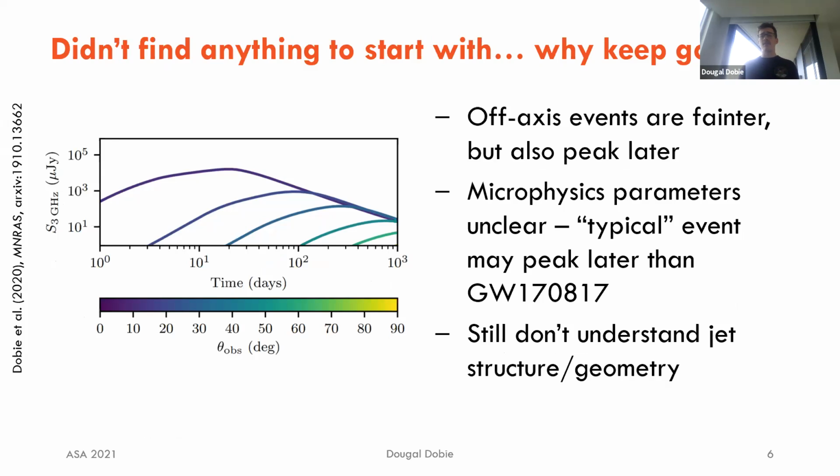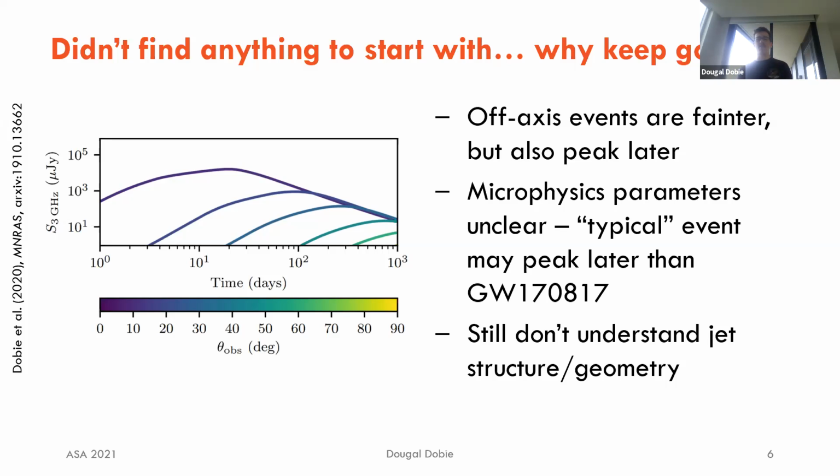And in short, the answer is that we don't really understand what to expect from these kinds of events. Even if you assume that all of them are like 170817, which is probably the most well-studied astronomical object in the past couple of decades, there's still a ton of debate as to things like the exact structure of the merger jet, the outflow, how those two interacted, and all sorts of things like that.